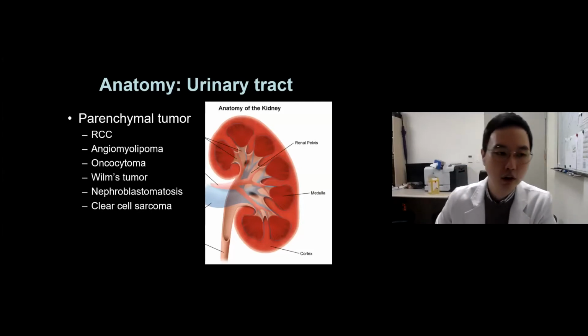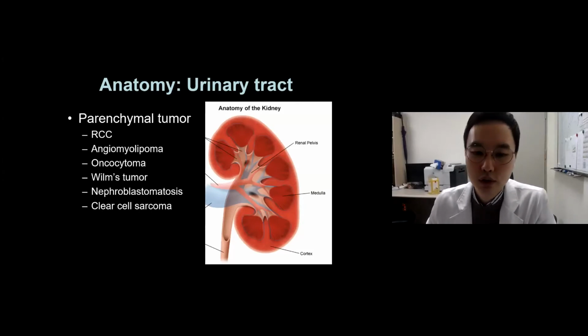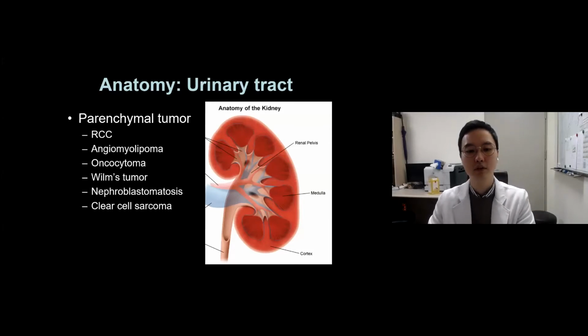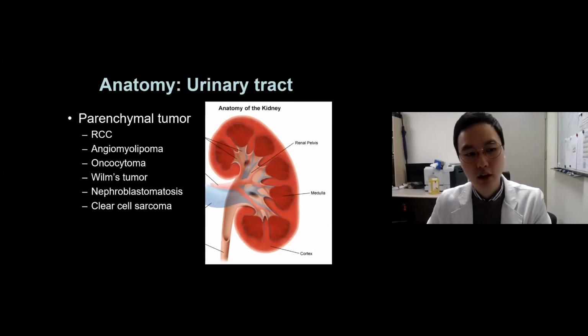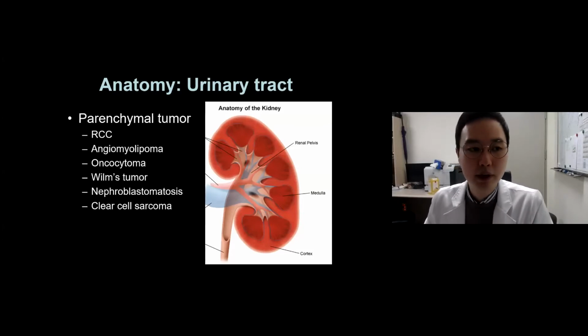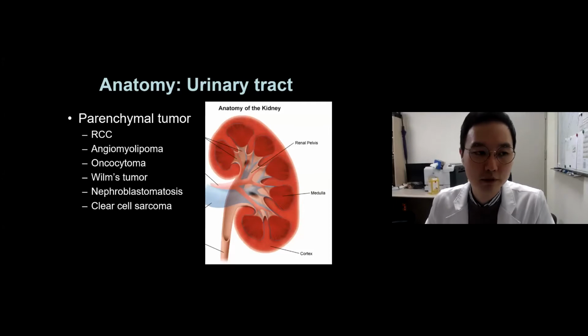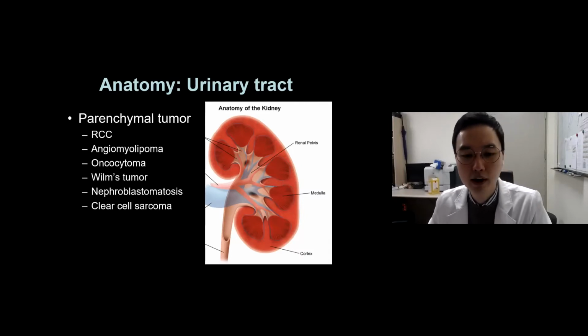Okay, so going on. There are distinct parts in this urinary tract, and diseases originating from each portion have somewhat distinct features. Firstly, there can be a tumor originating from the kidney, the renal parenchyma. The most common malignancy is renal cell carcinoma.